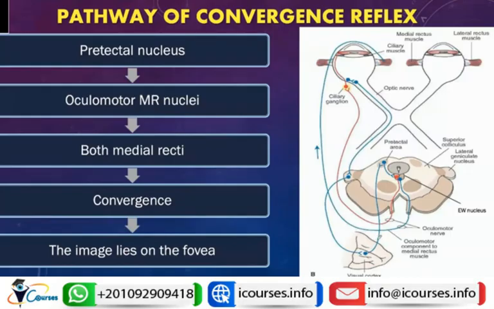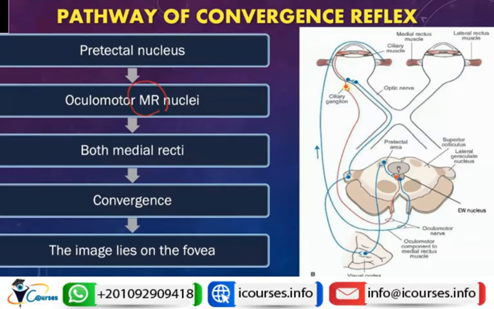Then it will give fibers that will supply the pretectal nucleus. Then from the pretectal nucleus, the oculomotor medial rectus nucleus is present in the superior colliculus of the midbrain at the pretectal area, as we said in the neuroanatomy.